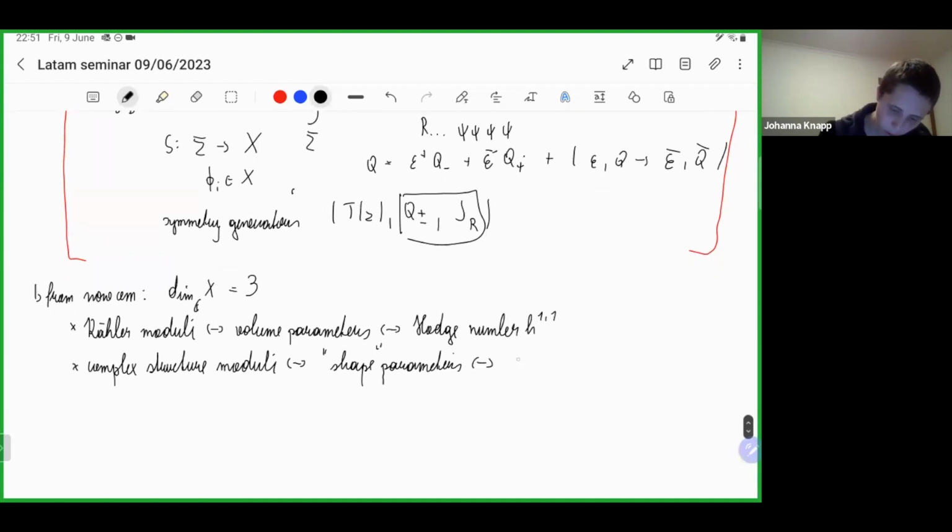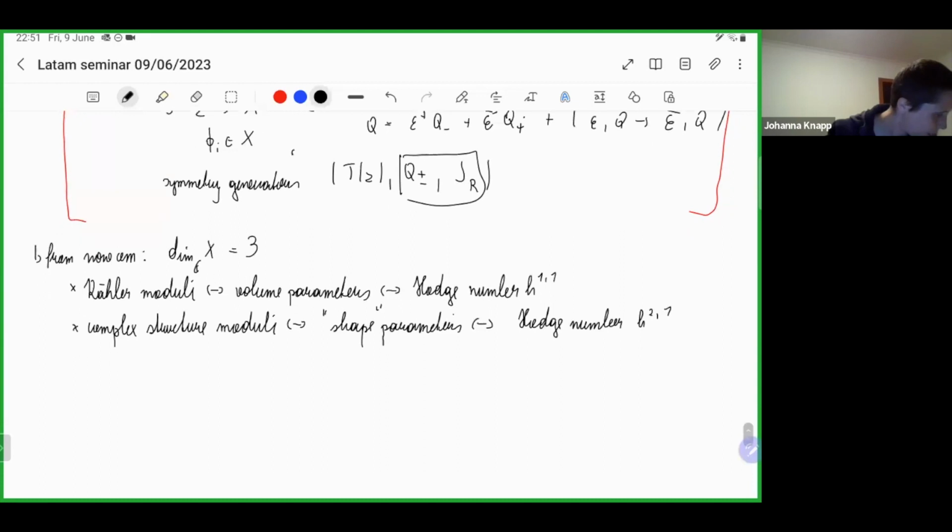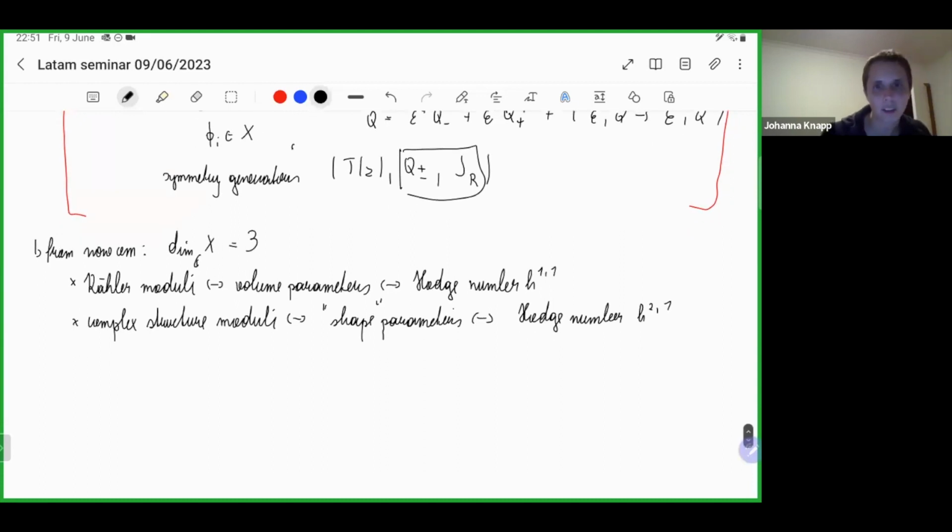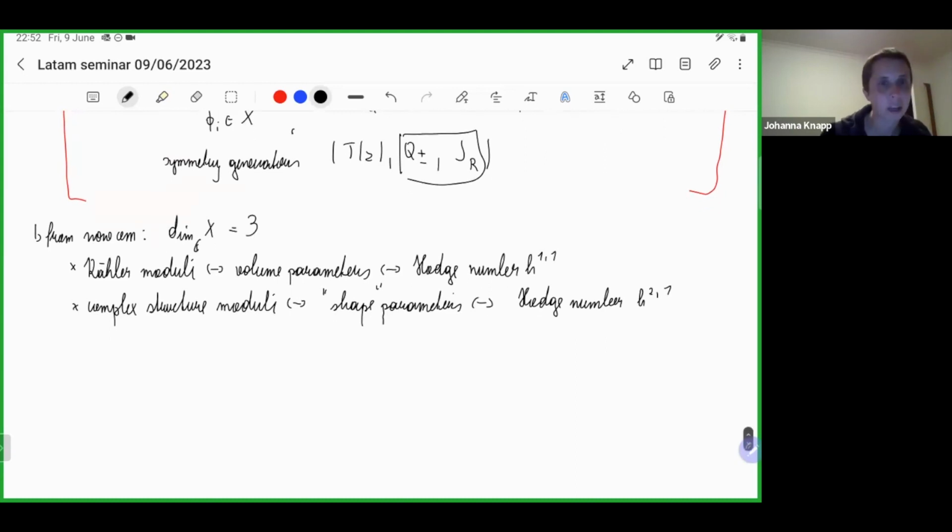And this is the Hodge number h21. And for Calabi-Yau threefolds, this is all there is because all the other Hodge numbers are canonically either 1 or 0. So this is actually the main information about the topology of the Calabi-Yau.